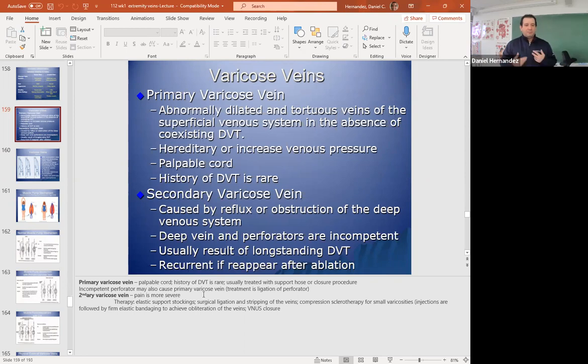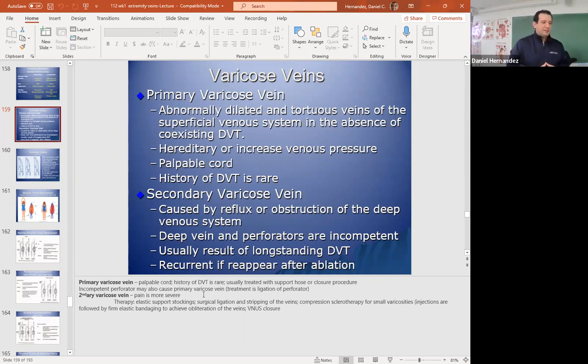There's no underlying predisposing condition like a DVT to cause the veins to become incompetent. It's just something that happens. Maybe the patient's aging or has hereditary issues, and they develop these incompetent veins. The varicose veins are the primary condition.